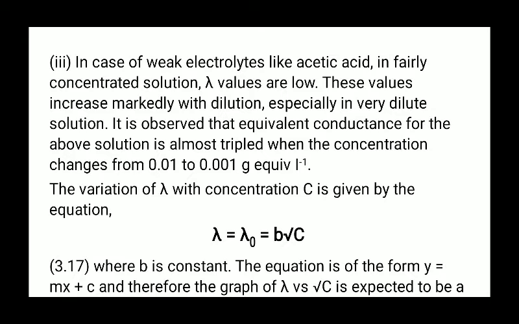The variation of lambda with concentration C is given by the equation lambda = lambda 0 - B root C, where B is a constant. The equation is of the form y = mx + c, that means a straight line equation, and therefore the graph of lambda versus root of C is expected to be a straight line.